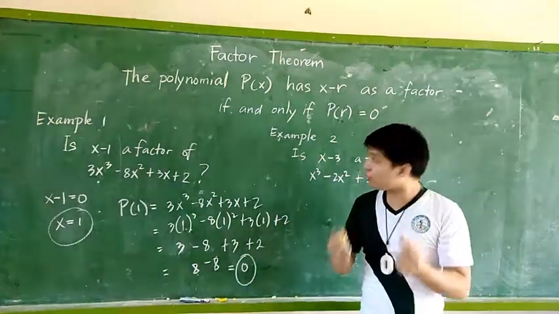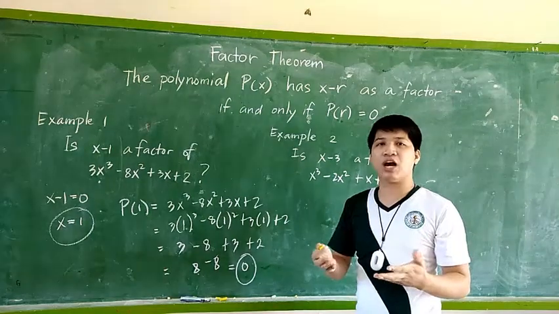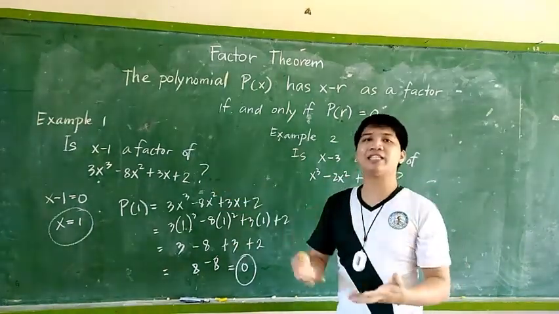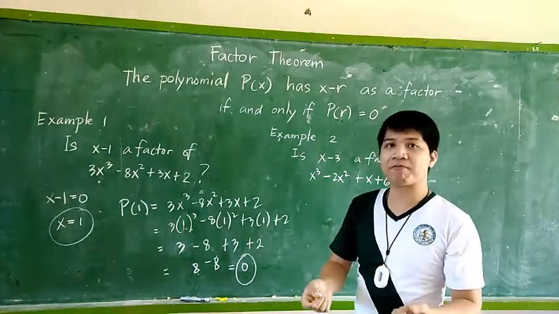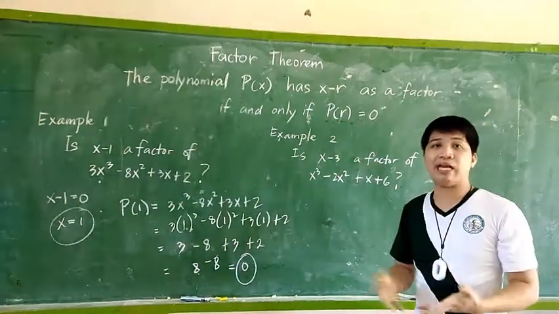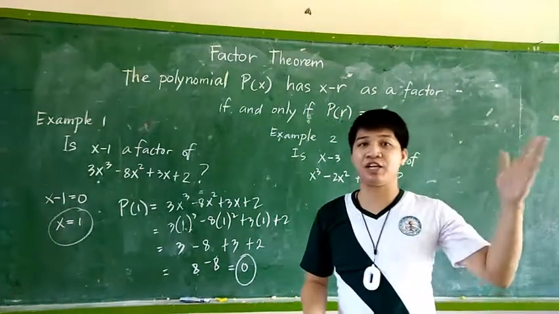To put it simply, a given x minus r is a factor of a given p of x if and only if the remainder is 0, or p of r is equivalent to 0. That's why we discussed the remainder theorem first.